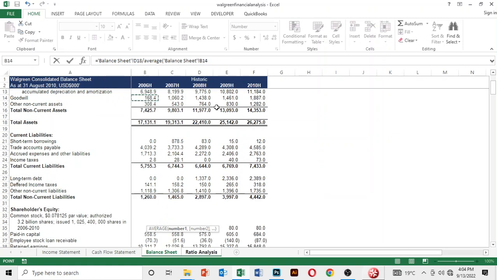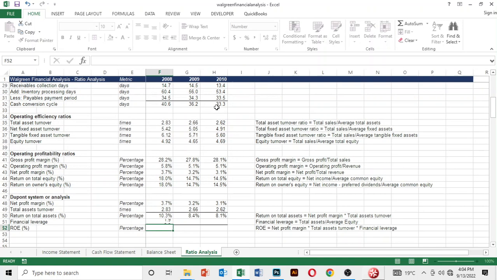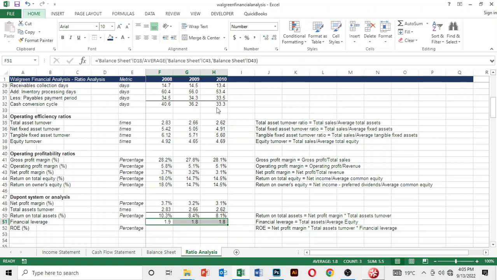Okay, let me go back to the balance sheet. Average equity. Perfect. So we just copy that to the right, and then we add a decimal place there, and here we just multiply that, and this one and this one.